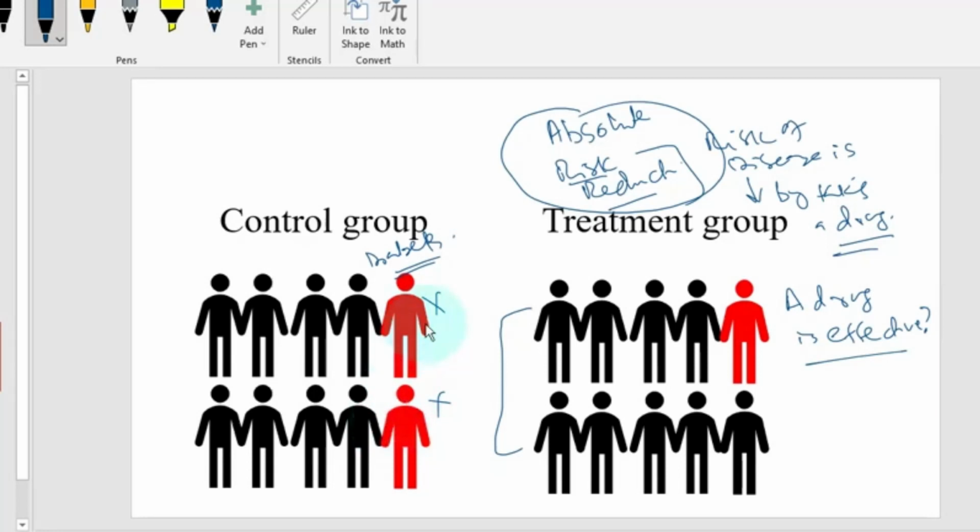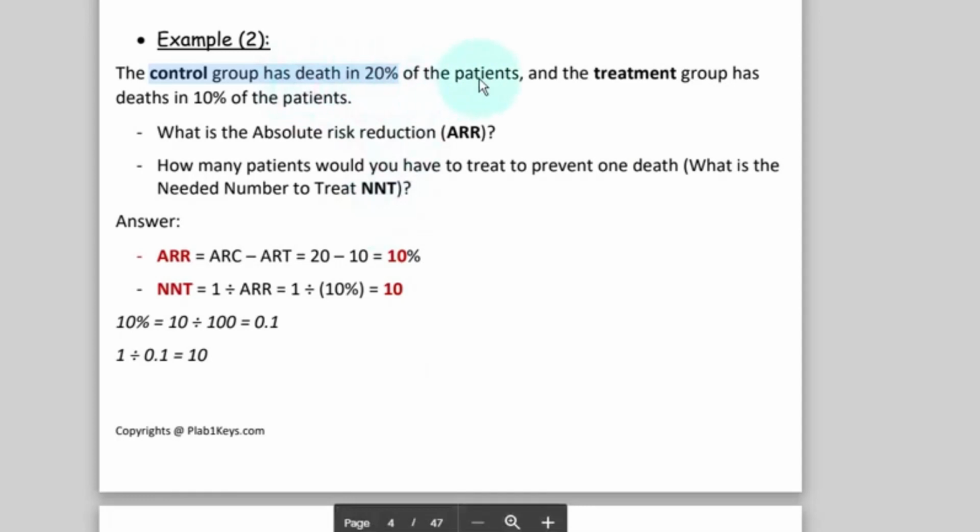Just take an example. Now, in the treatment group, you gave the drug to all of them, to the 10, and 1 of them dies, 9 survive. Now, this anti-diabetic drug, what is its absolute risk reduction? How efficient is this drug? This is the same example I am explaining in chart form in my PowerPoint presentation.